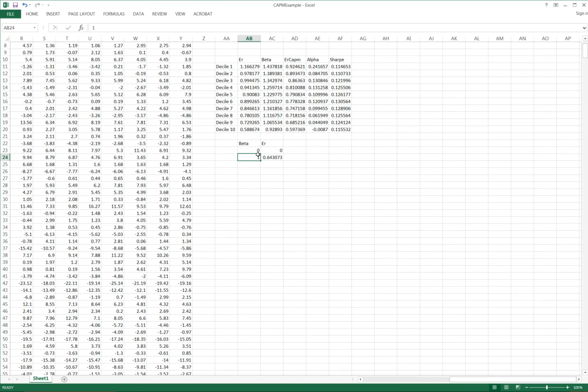We're running this through the origin because we're working with excess returns. So we've taken the risk-free rate that is the intercept in the usual version of the CAPM and we've stuck it over in the other side of the equation. So let me highlight these data.